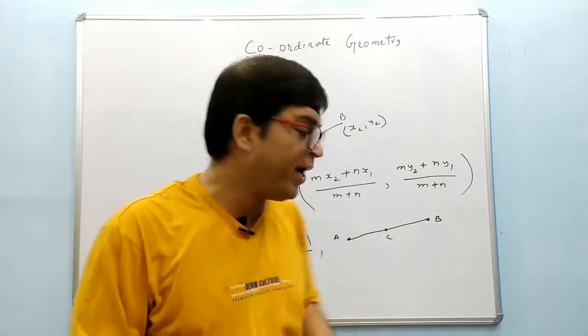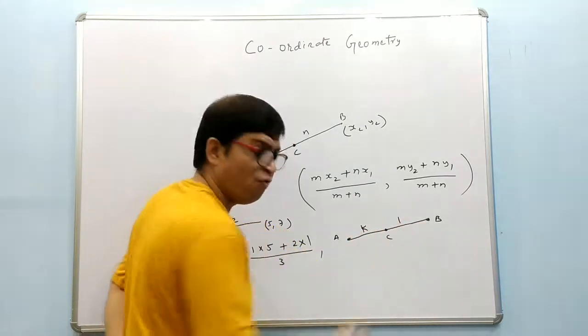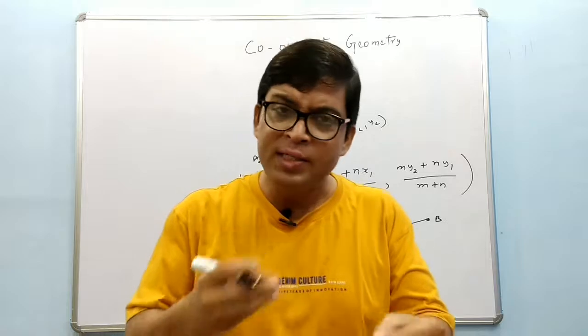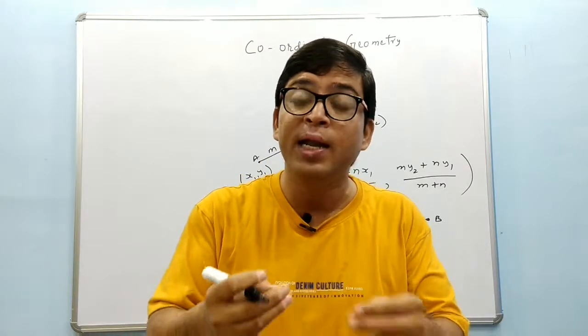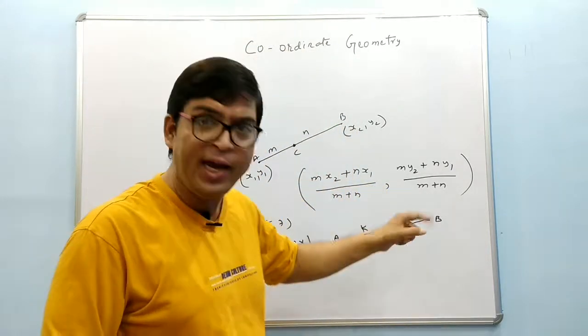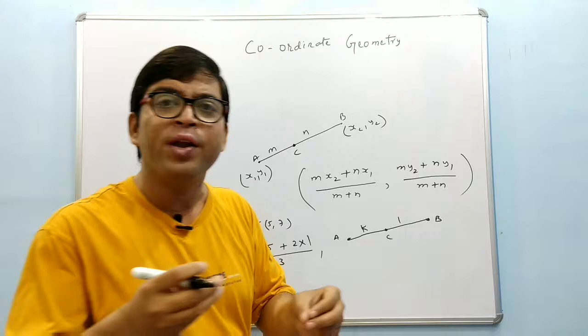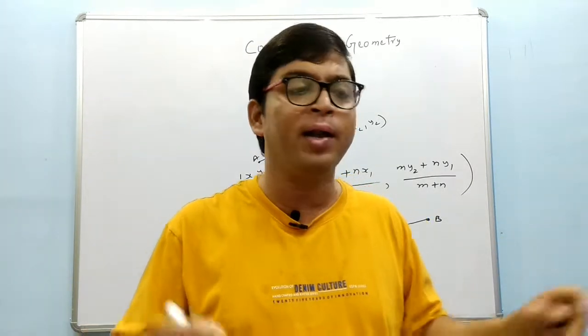What ratio is it dividing? We will take the ratio k:1 instead of taking m:n, because that will be a little bit of complication. If you take k:1, you need to find the value of k only, one variable.